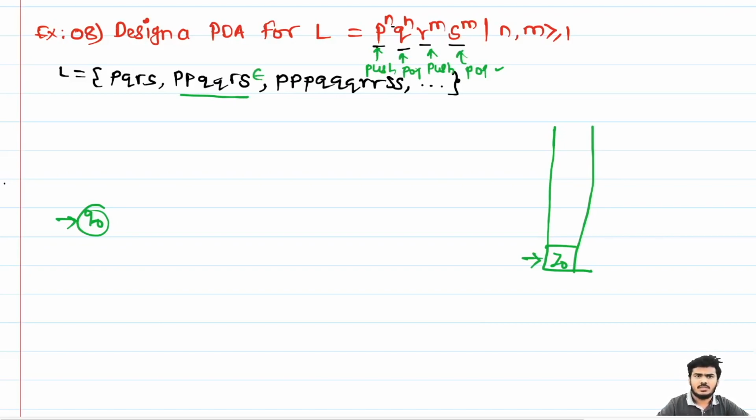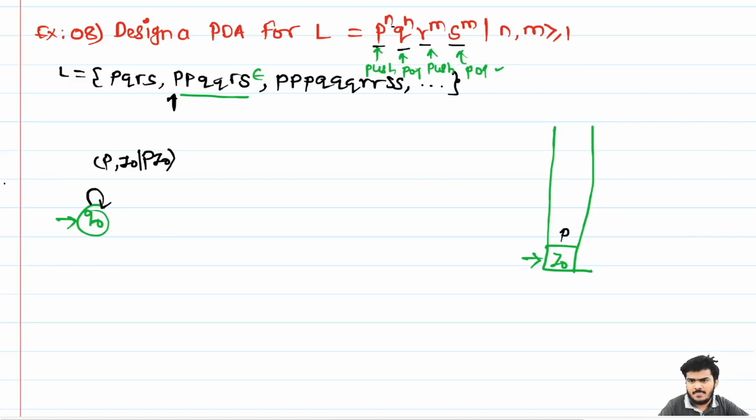Now, initially I am in q0, and whenever p comes we have to push that p into the stack. Initially the stack has z0, the bottom of the stack, and when the input p occurs and the stack contains z0, we push p into the stack, so it becomes pz0.